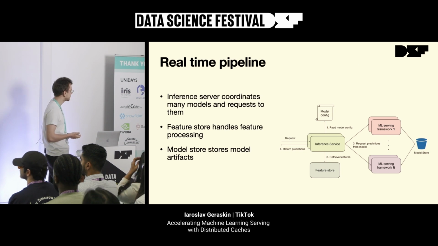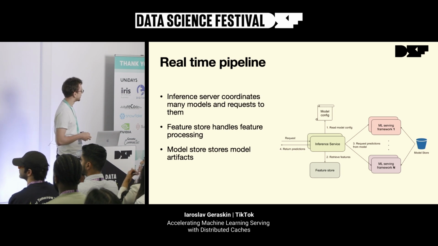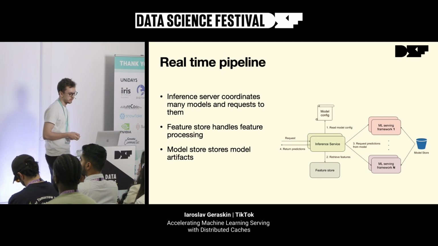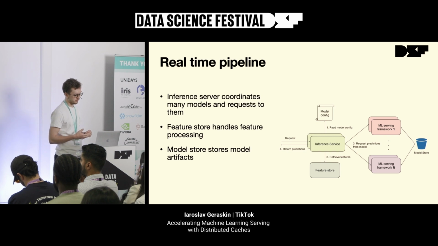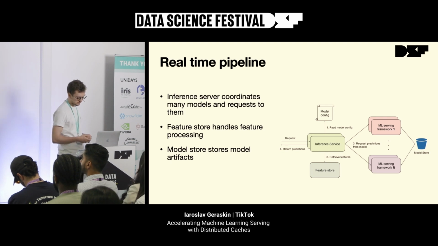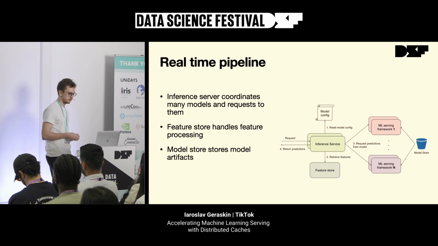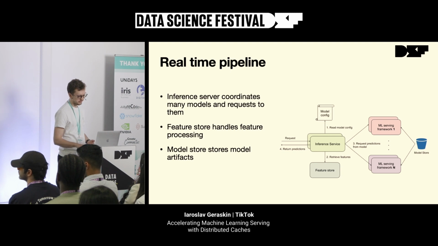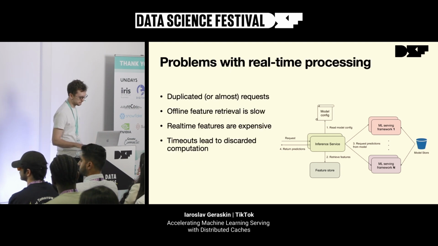But before it does it, it needs to obtain machine learning model inputs from a feature store. And the feature store handles different kinds of data and data preprocessing. So those two components are very important to the whole optimization process and the whole real-time pipeline efficiency.